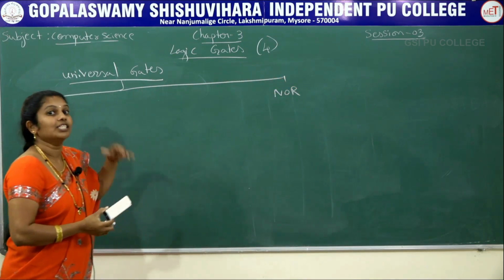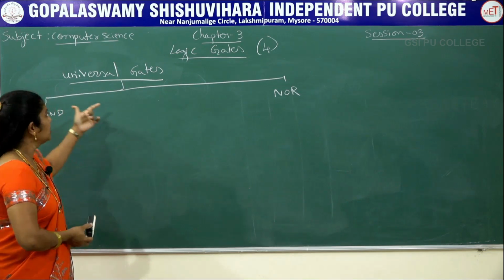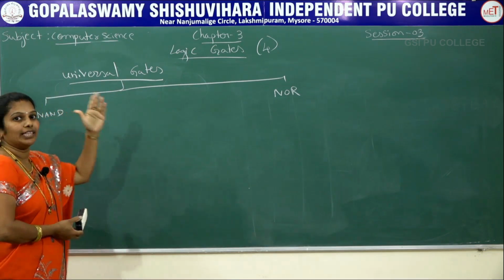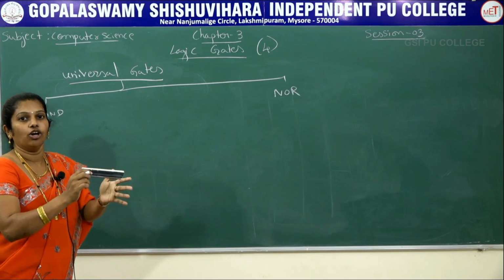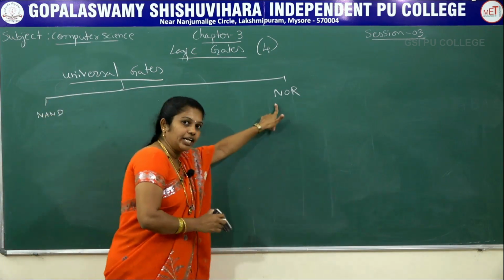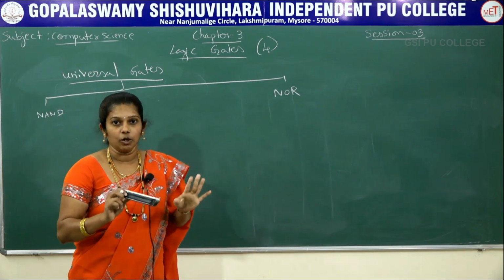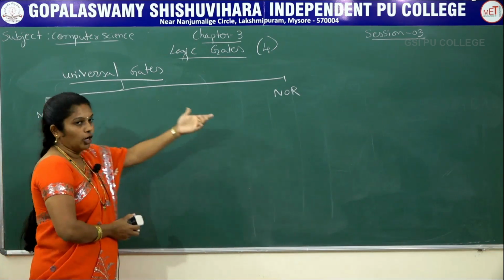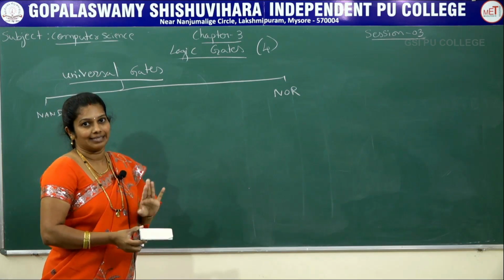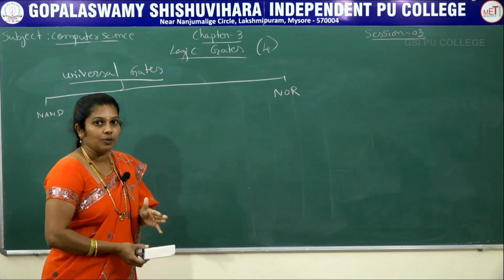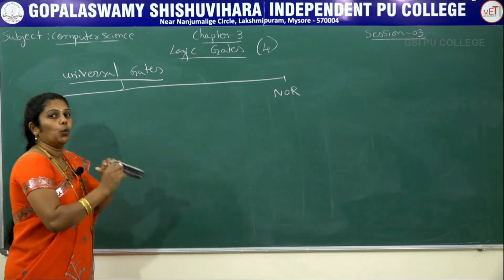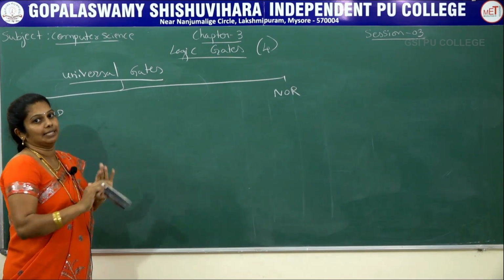These two are called universal gates because by using the NAND gate we can construct AND, OR, NOT. By using the NOR gate also we can construct the basic gates AND, OR, NOT. That is why we call NAND and NOR universal gates. Then what do you mean by universal gate? By using that we can construct all the basic gates.